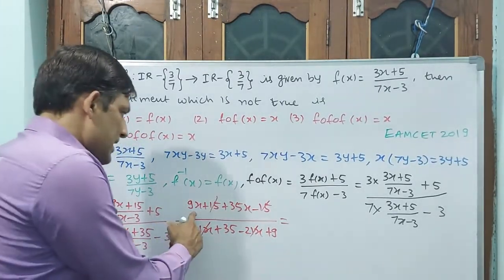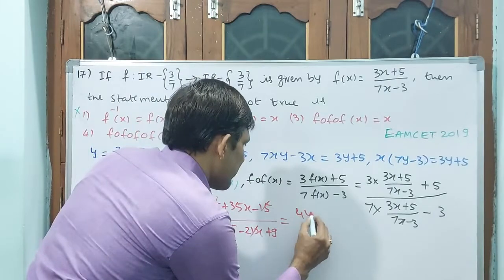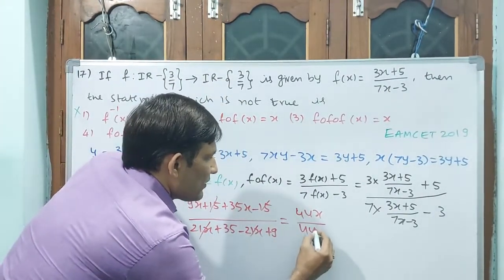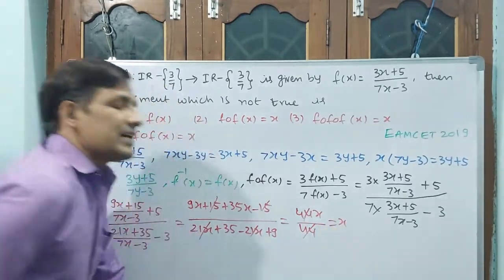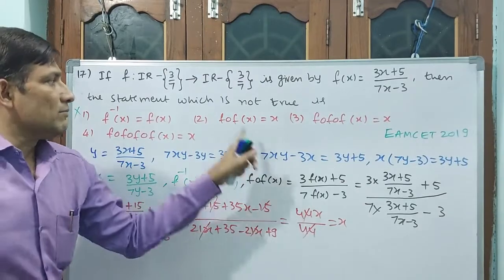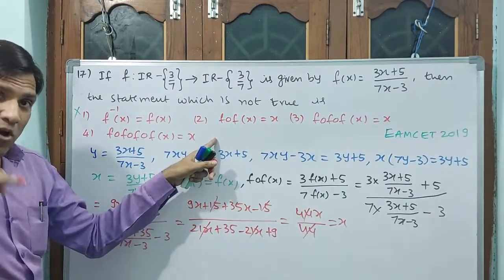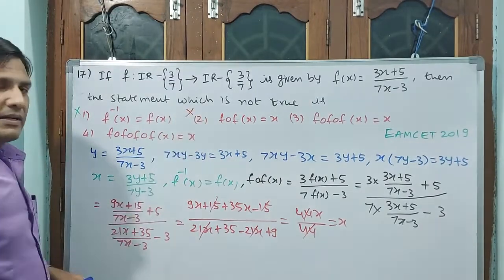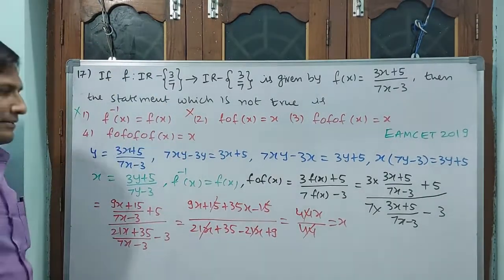That means see, 9x plus 35x, so 44x divided by 35 plus 9, 44. That means 44 is going to get cancelled, x is going to come. That means see, f of f of x is equal to x has come. This is also correct. If wrong, you have to tick mark. If correct, you have to cross mark. Wrong means you have to tick mark. Okay?